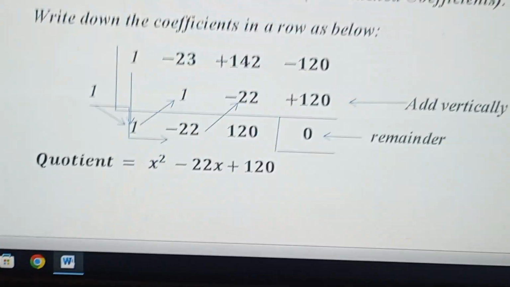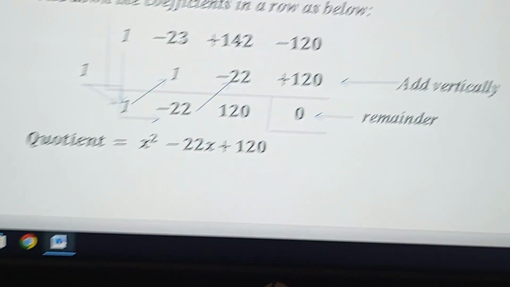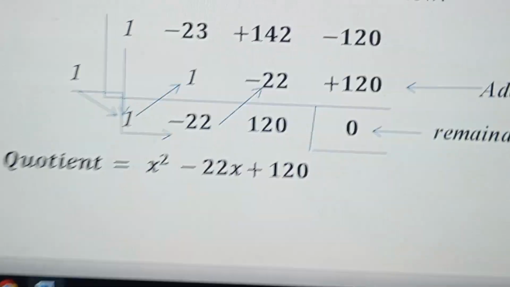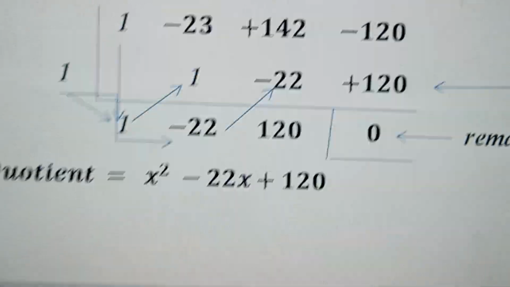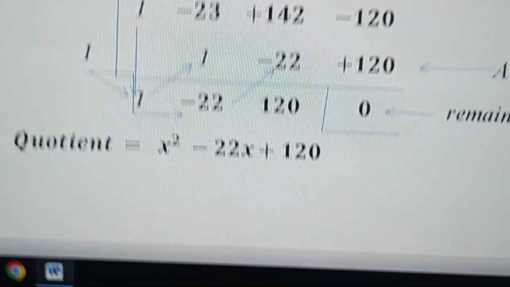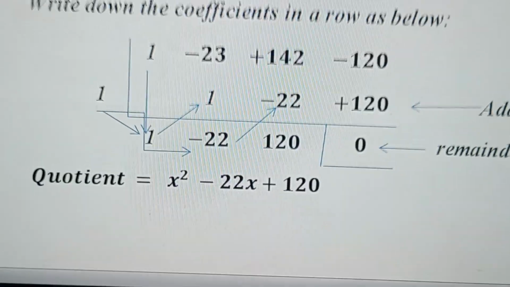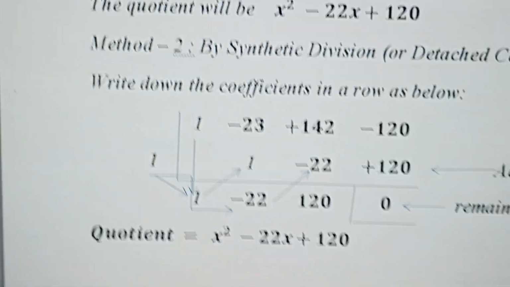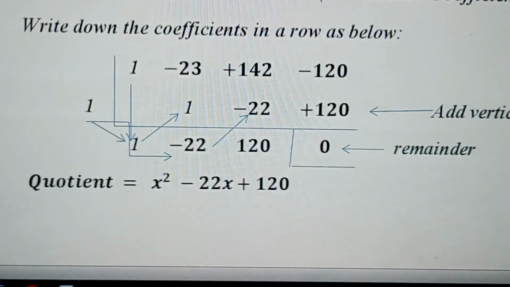So we have to be careful here. The quotient will be, now 1 is the coefficient of x squared now. Remember, it is 1 less than the cube. See, we have already done it in this long division method.